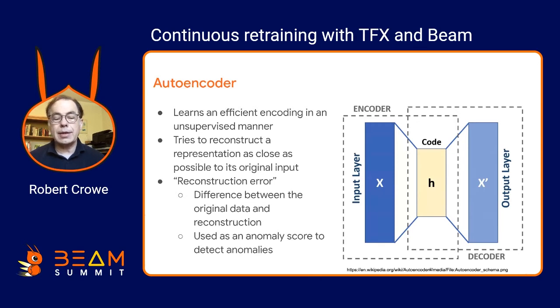So it's taking the input, essentially denoising it and compressing it down. And then in the decoder part of things, we kind of reinflate that data. And the goal there is to train the model to duplicate the input data. And then using that, you can look for anomalies by looking at the reconstruction error.